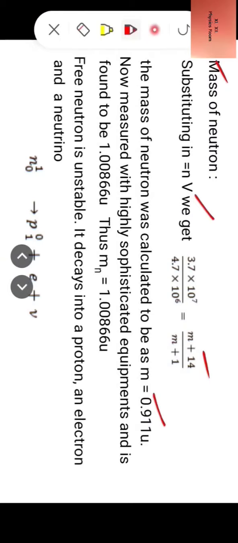Now, measured with highly sophisticated equipment, it is found to be 1.00866 units. Thus the mass of neutron was found to be 1.00866 units. This is how the mass of neutron was measured.